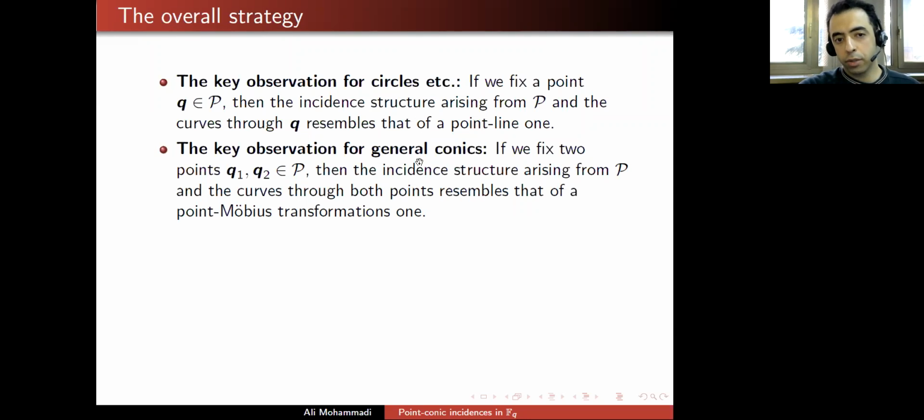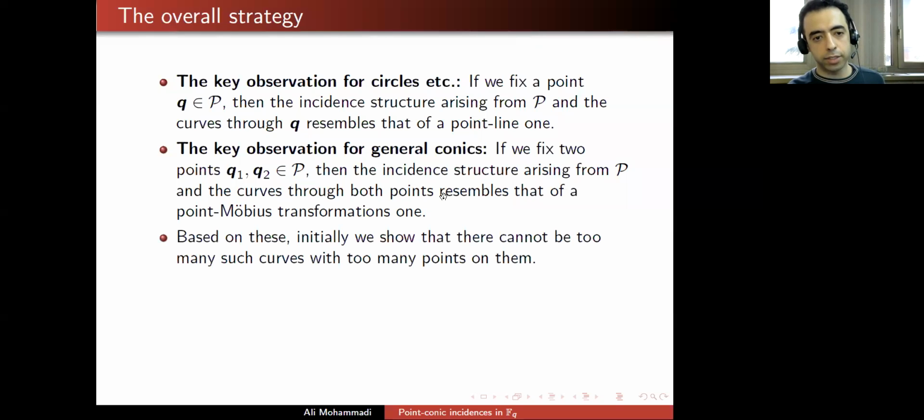For general conics, the idea is a bit different. You fix 2 points and look at all the curves passing through these 2 points. Then it reduces to a point Mobius transformations incidence problem. Again, sort of locally, but you still have to go back to all of your curves. And that step is fairly simple.